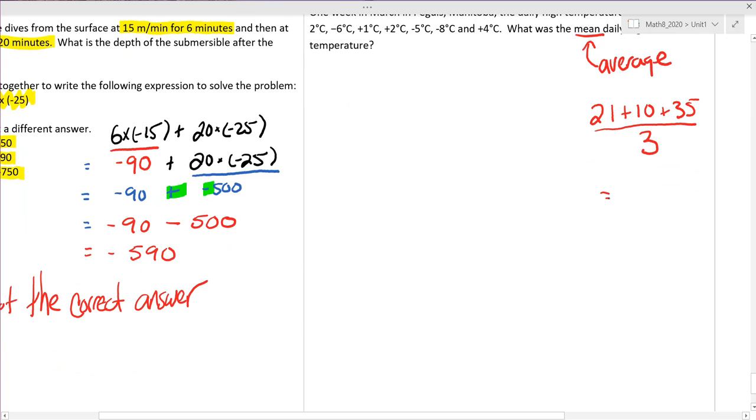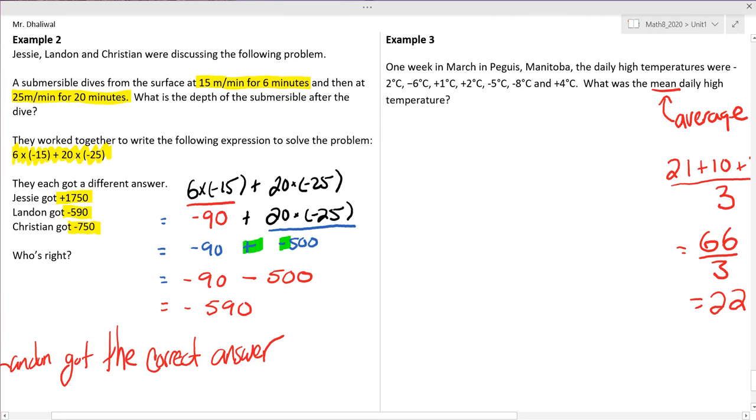So that's 21 plus 10 plus 35, which is 66. So it'd be 66 over 3, and that should be 22. Okay.